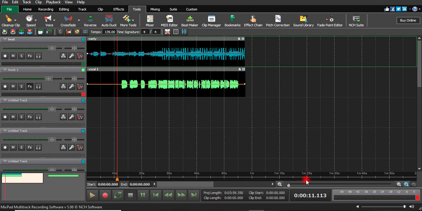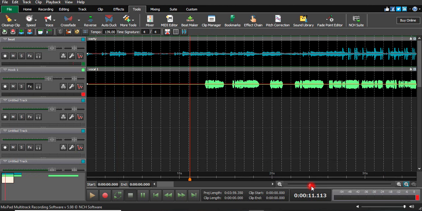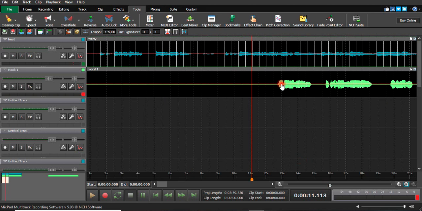So another thing which I hope you didn't notice, guys, I didn't use any kind of denoiser or noise remover, because I recorded in the booth and my room was very quiet. There was no one around, and we also have an isolation shield.